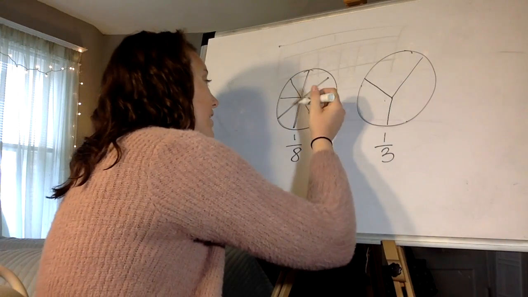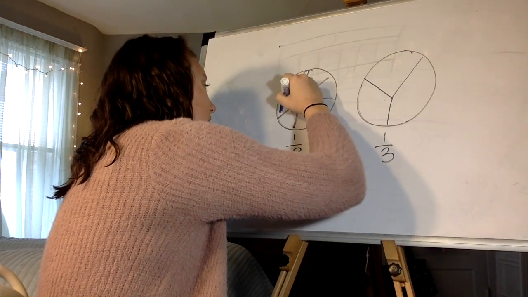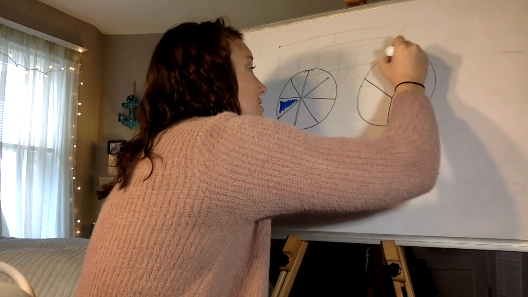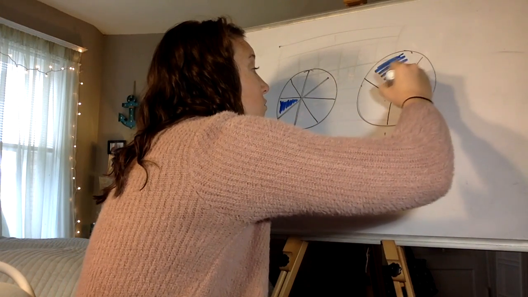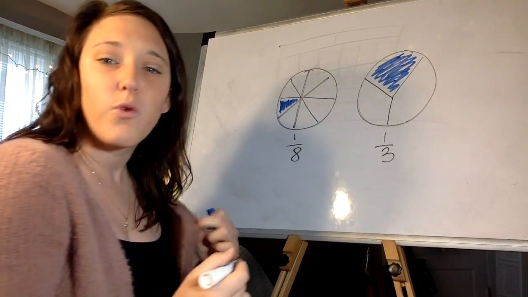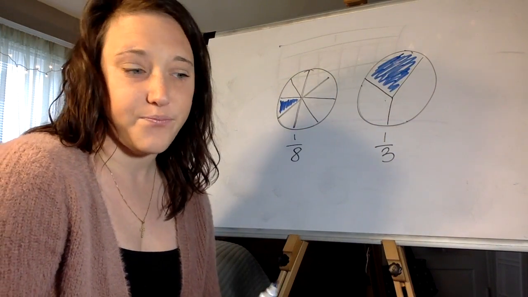Well, 1/8, I'm just going to color in 1 equal share of this 1/8. Then 1/3, I'm going to do the same thing. I'm going to color in 1 equal share of this third. And then it says which fraction is greater.